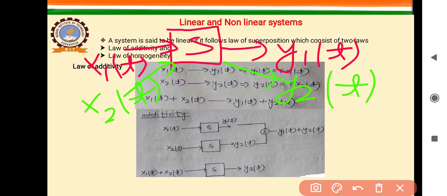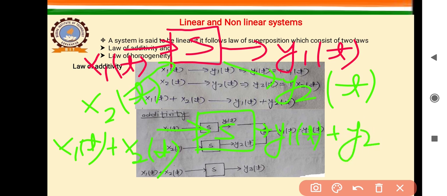Then if I give the summation of these two inputs to the same system S, that is x1(t) plus x2(t), and it produces output y1(t) plus y2(t), then I can say that this system follows the law of additivity.